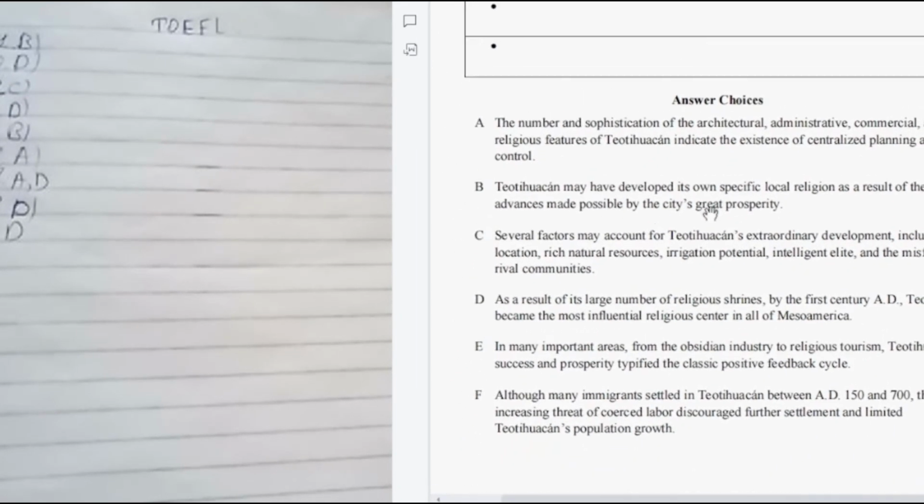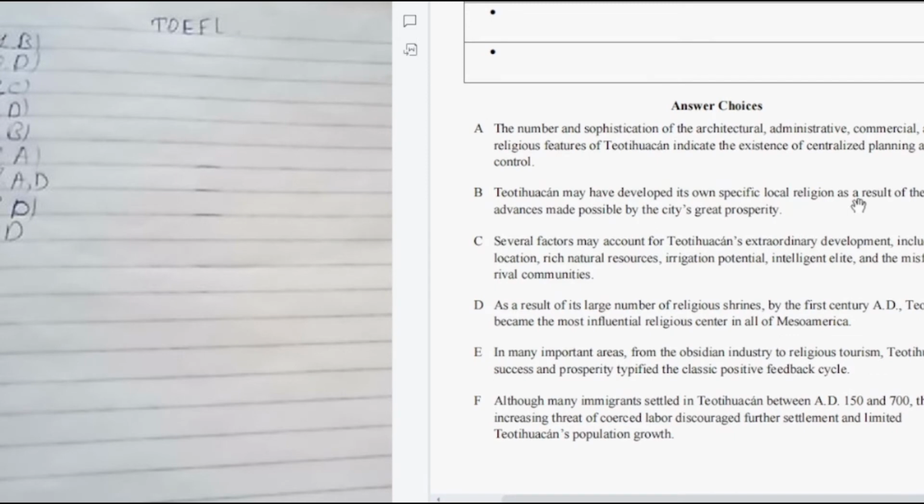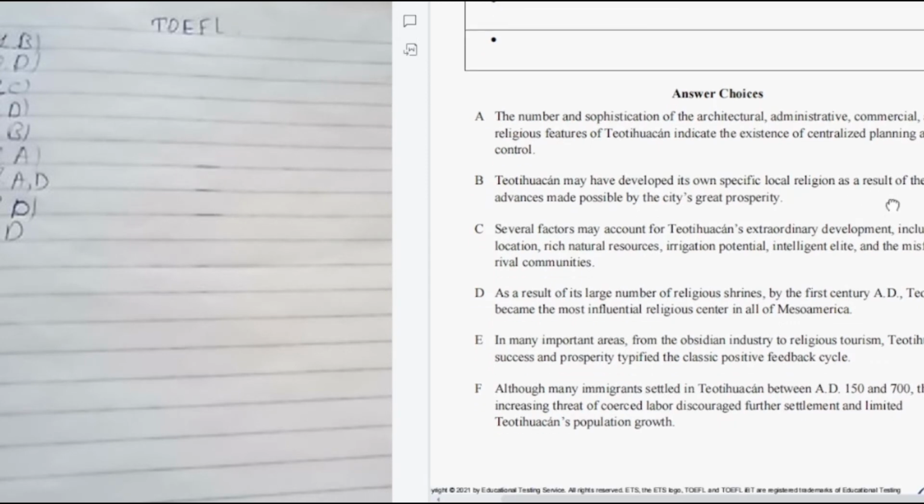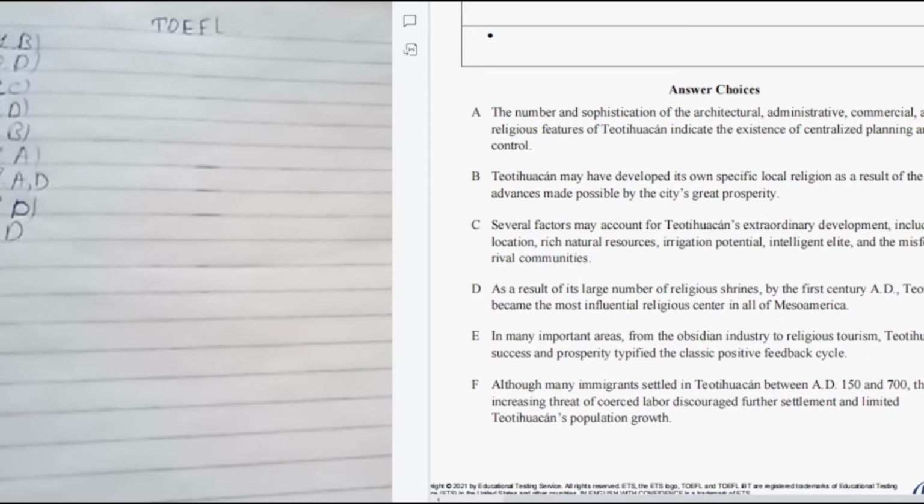Teotihuacan may have developed its own specific local religion as a result of the cultural advance made possible by the city's great prosperity. Several factors may account for Teotihuacan's extraordinary development, including its location, rich natural resources, irrigation potential, intelligent elite, and misfortune of rival communities.